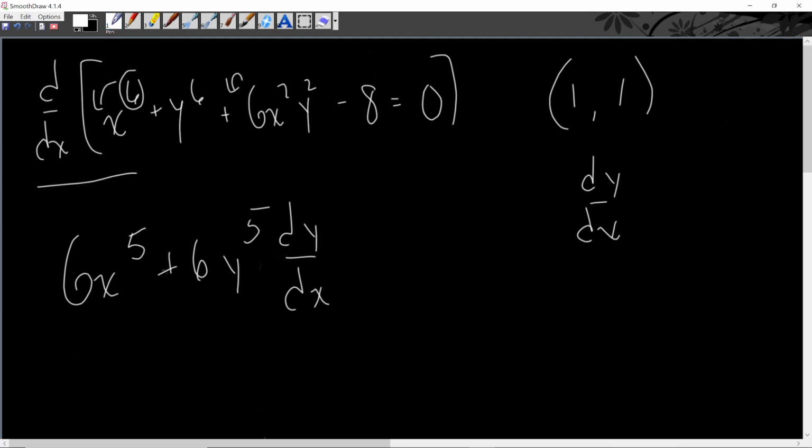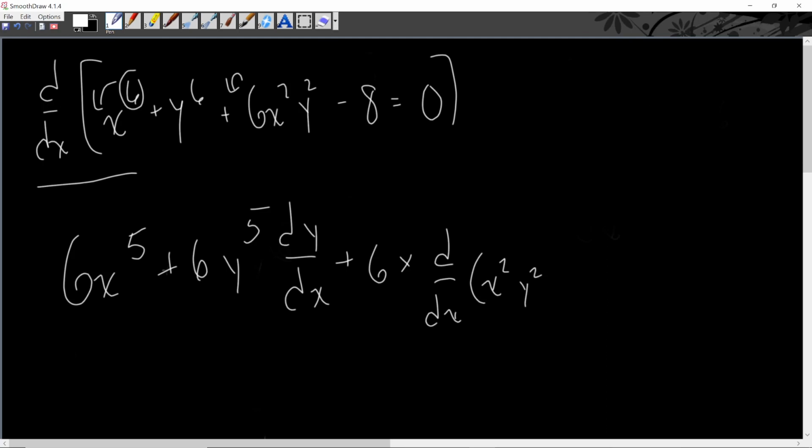We bring out this 6 because it is a constant, so we have plus 6 times d dx of x squared y squared, and this is going to be product rule, so we have to do derivative of the first times the second, so we bring that 2 out front. 2 minus 1 is 1, so we have 2x y squared, and then plus, we're going to do first times derivative of the second, so we bring that 2 out front, then do 2 minus 1, and we're going to have 2y, so times 2y, and this is also going to be multiplied by dy dx because y is not defined as a function of x.